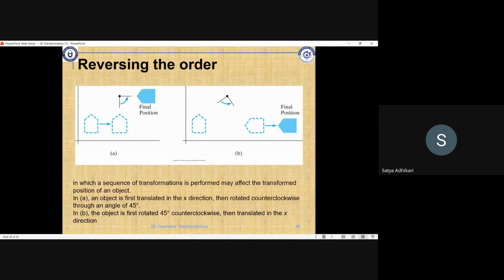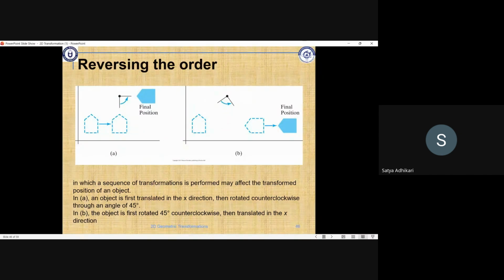But now I am changing the order. The object is first rotated 45 degrees anti-clockwise and then translated in the X direction. So you see, you will get a different position. So the successive transformations may not be commutative.